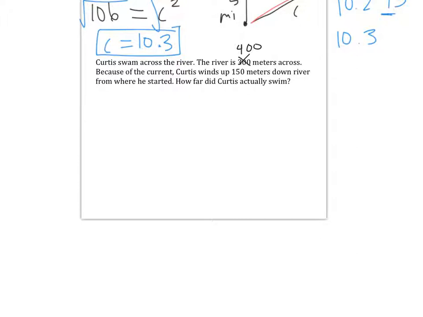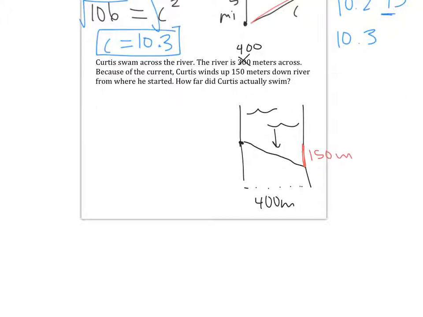So let's say we have a river here, and there's water in that river, right? And Curtis starts about right here. And we know that the distance across the river is 400 meters. And he's swimming, but he swims downward because of the current, right? The current's going downward. And so really, he's traveled this distance right here, 150 meters.